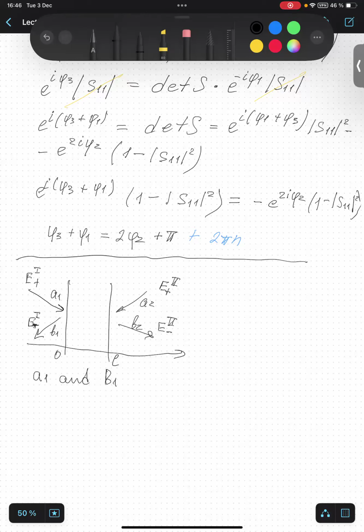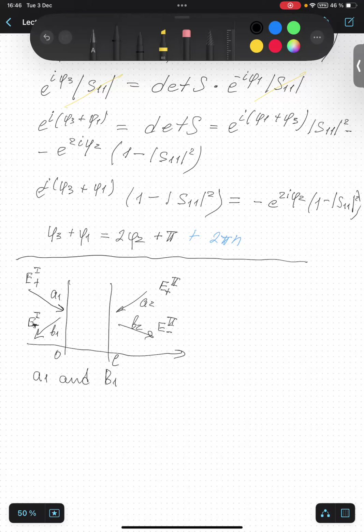Obviously, they are not related at all, because we just have empty space, vacuum. But we can find the relation of B2 and A1. So they are related with phase.